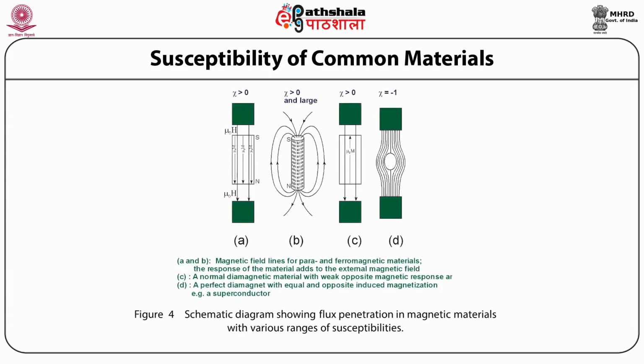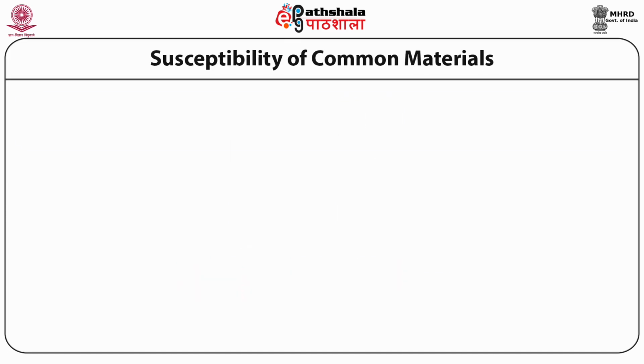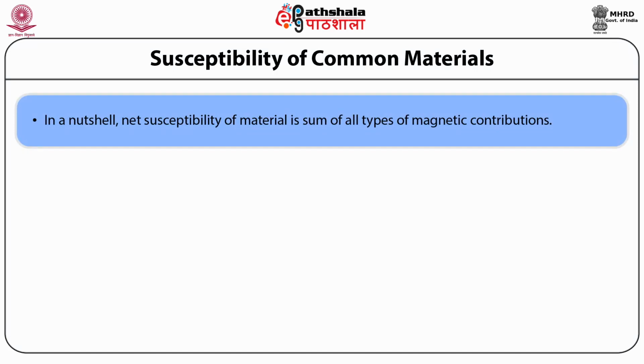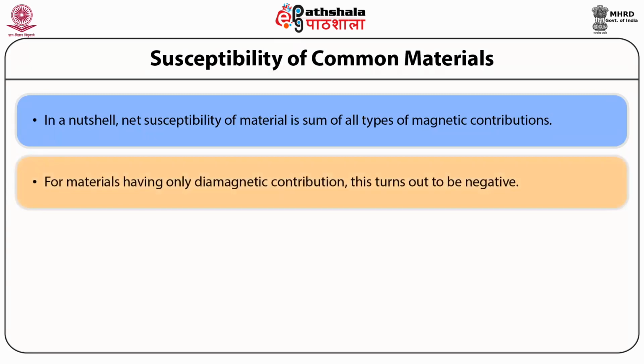This figure shows the flux penetration in magnetic materials with various ranges of susceptibilities. In a nutshell, net susceptibility of a material is the sum of all types of magnetic contributions. For materials having only diamagnetic contribution, this turns out to be negative.